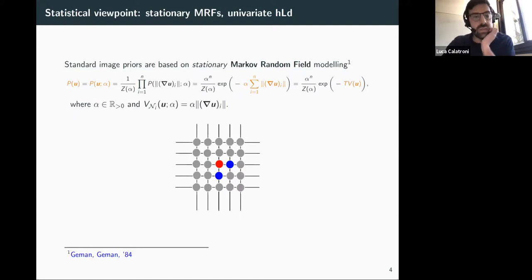So what about TV? For TV, I'm taking discrete gradients. For each point i, which I'm color coding in red here, I'm considering the 3 points in the computation of my gradient. So we have to think of the Gibbs potential as having this form, together with some parameter alpha, which is the one that I introduced before.